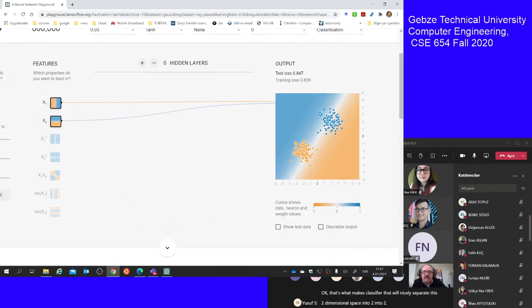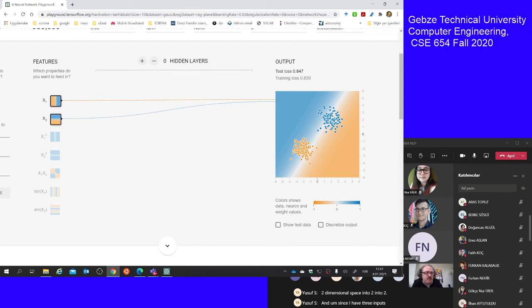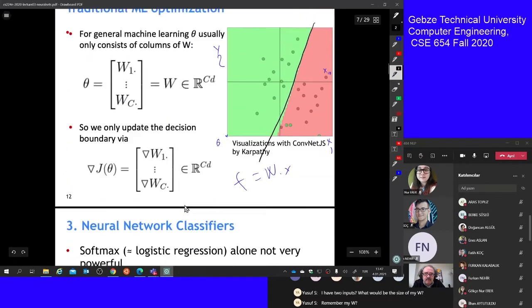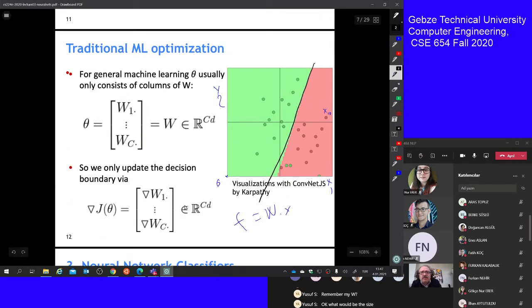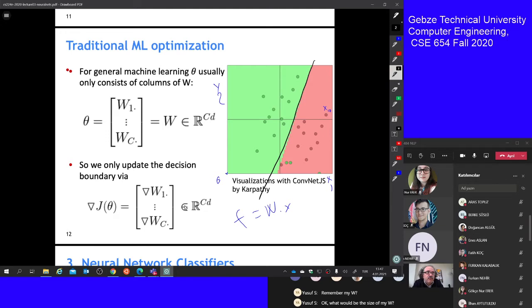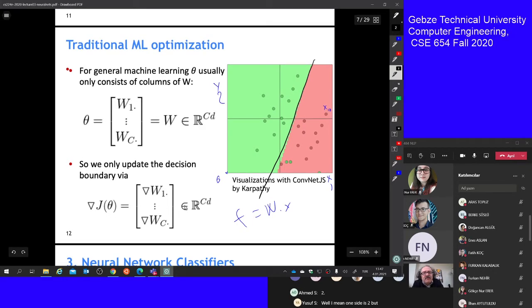And since I have two inputs, what am I going to do? What would be the size of my W? Remember my W? The number of inputs is 2, but what are C and D for this problem?